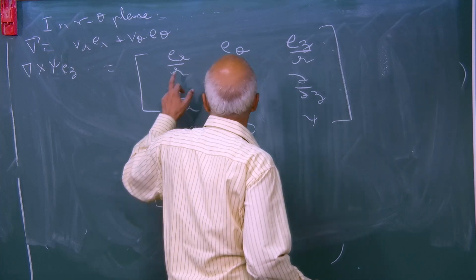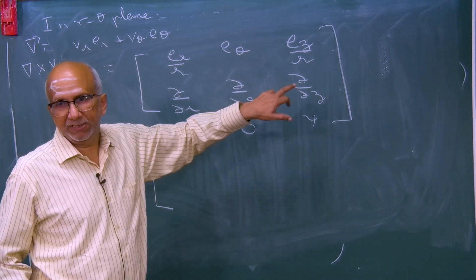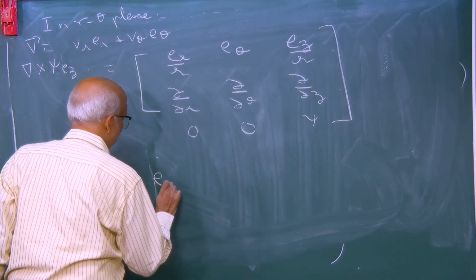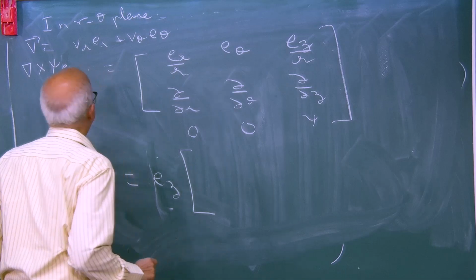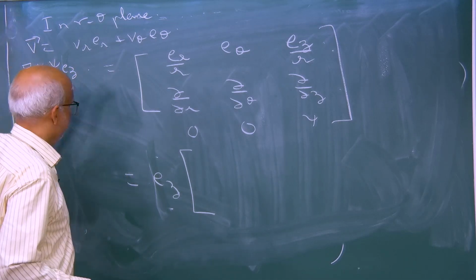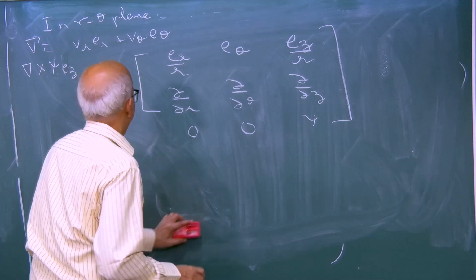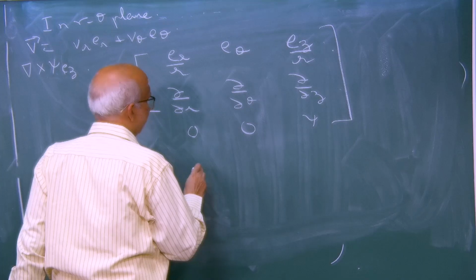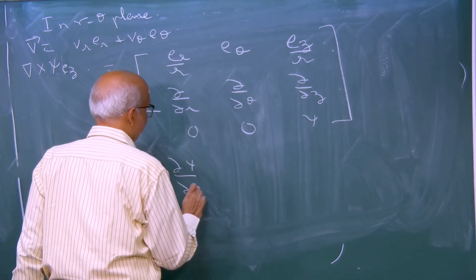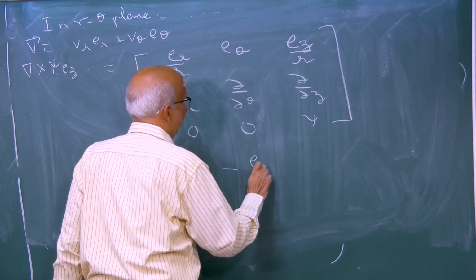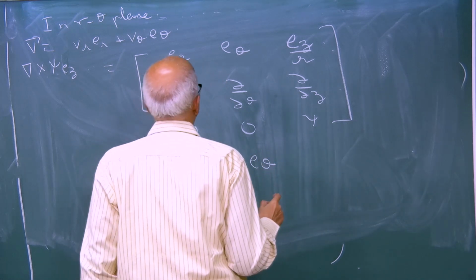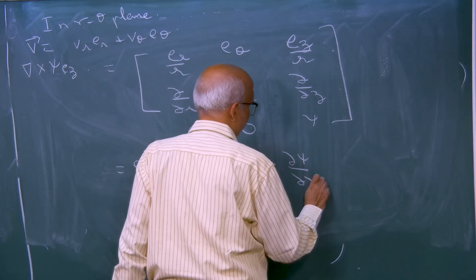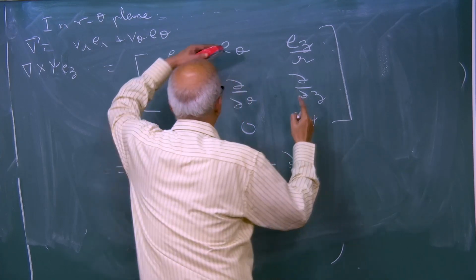Now you can calculate this. What will you get? No changes in the z direction, so all these derivatives will be 0. So I only have the z component. Oh, no, this is not correct. So, this is er by r times d psi by d theta minus e theta times d psi by dr, plus Ez will be 0.